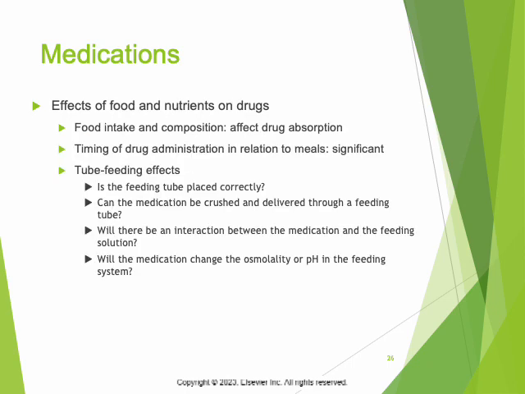There are some foods and nutrients that also affect our drugs. So think about some MAO inhibitors or monoamine oxidase inhibitors, which are provided to patients to treat depression. These drugs inhibit the enzyme monoamine oxidase. This is why it's called a monoamine oxidase inhibitor.